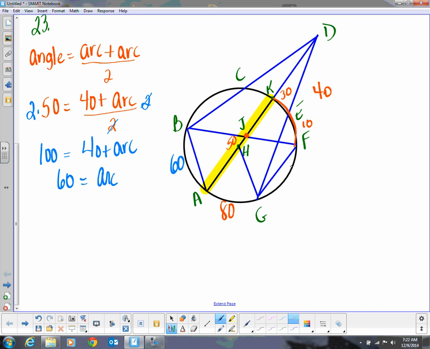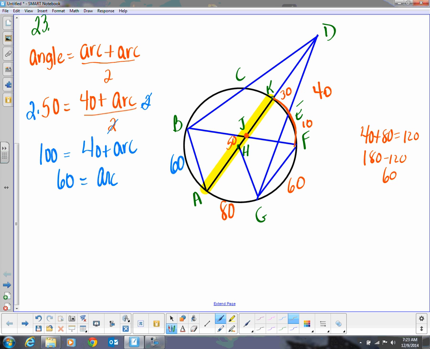How do I find GF? So 30 plus 10 is 40 plus 80 is 120. 180 minus 120 is 60, correct? Now, do you see that diameter again? It's all about diameters. When you get your angle chaser on your test, look for those diameters.